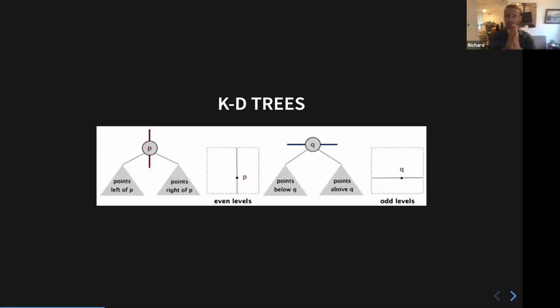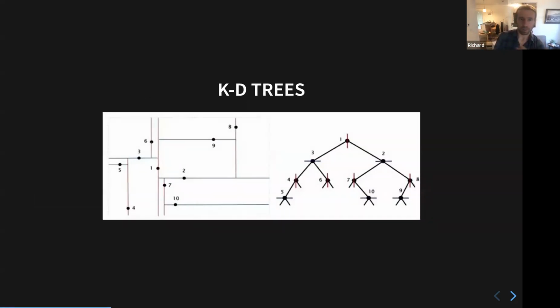Instead, what we do is we can look at the data on a kind of 2D plane. And we can ask, are you to the left or the right of the element on the x-axis? And now once we've split along the x-axis, we can consider the y-axis and ask, are we on the left or the right of the middle element on those axes? And if we expand that out a little bit, we end up with a situation that looks like this. 1 turns out to be the middle element when we sort this data along the y-axis.